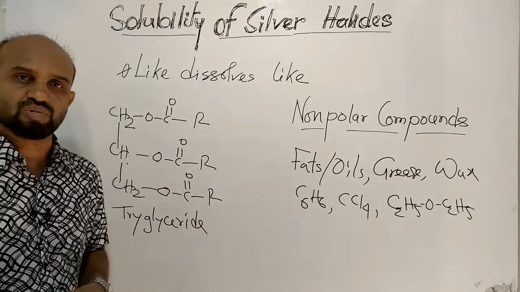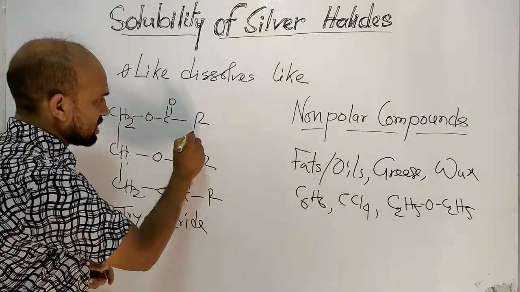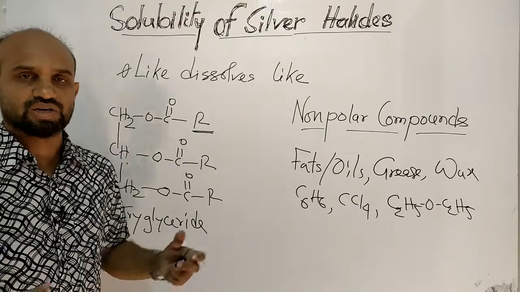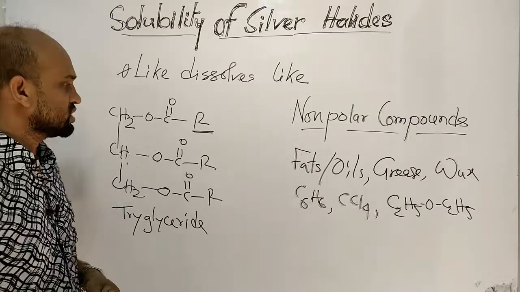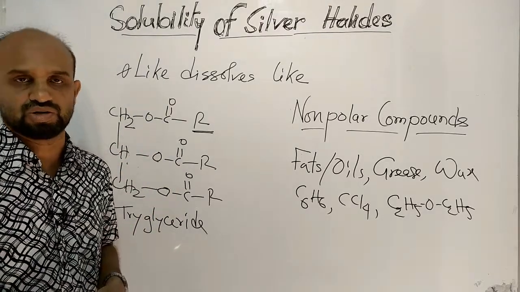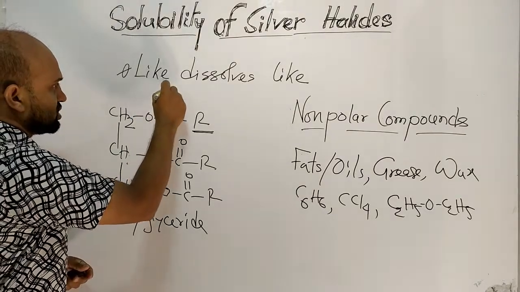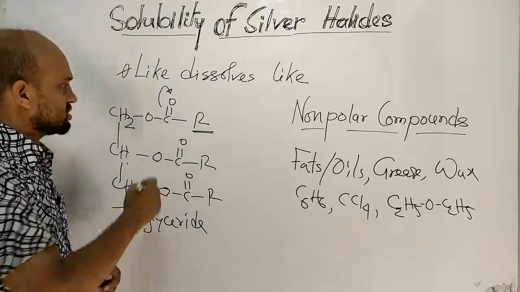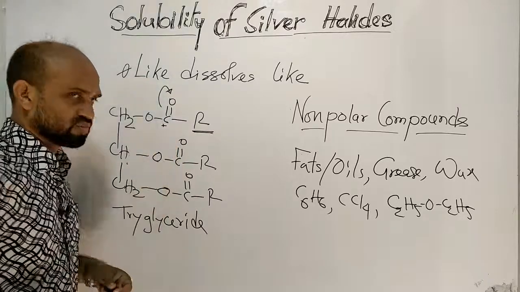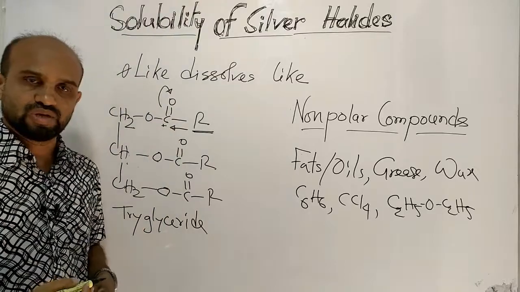This is a kind of nonpolar compound because the major part of this compound is alkyl group, which is a bulky, nonpolar group. Hydrocarbon groups are nonpolar groups. And there is a little chance to be polar here, that means the carbonyl group, and in this case it gets positively charged, but alkyl group is an electron donating group.